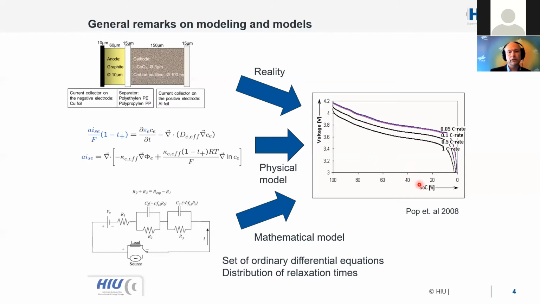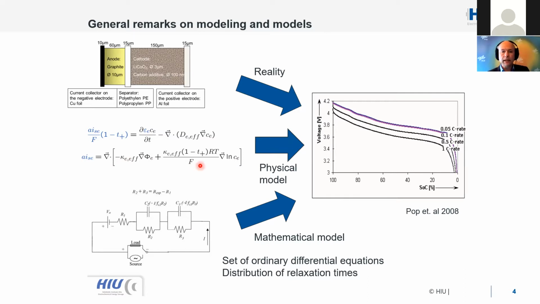I will point out the differences, but in a certain sense, this physics-based model, if you solve it numerically, is nothing else but a mathematical model, since usually to solve these types of models, you have to introduce a discretization scheme. The discretization scheme will lead to a set of ordinary differential equations, and you are directly back to a very complex distribution of relaxation times, which is intrinsically related to the physical parameters you are using in your physics-based models.